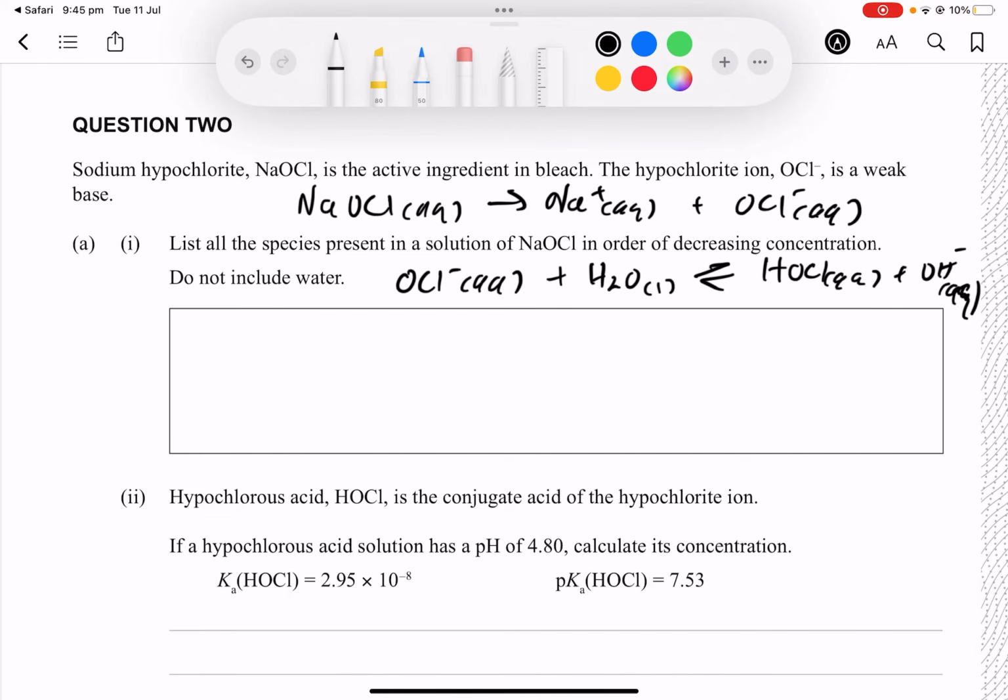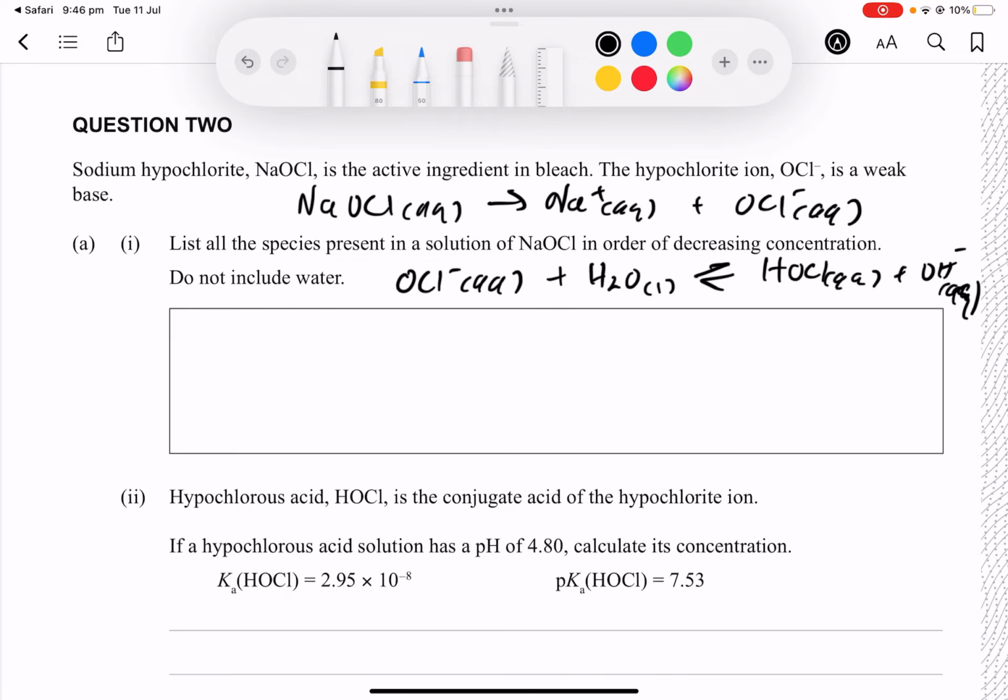Since OCl minus is a weak base, only a very small amount of OCl minus ions will actually react with water. So there's a small amount of HOCl produced and a small amount of OH minus produced.